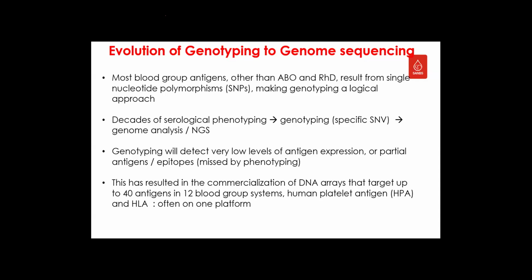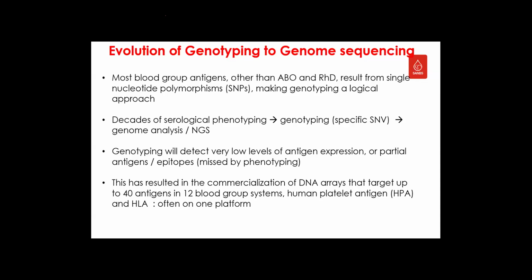So these are probes that are limited to known variants, while genome analysis and next generation sequencing reads the whole genome, and in that way gives you a much better and deeper analysis of the whole gene encoding transfusion markers.